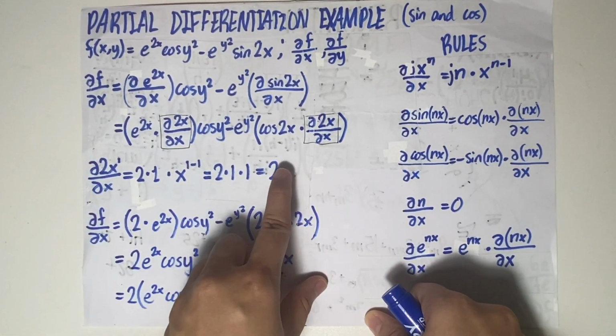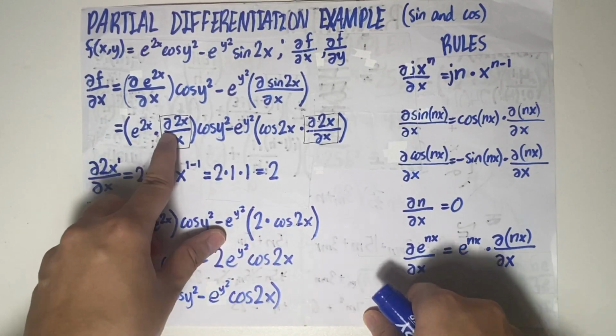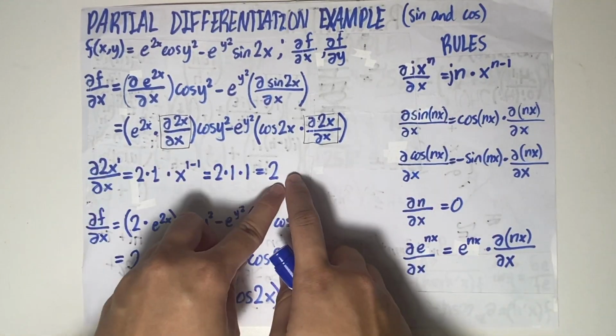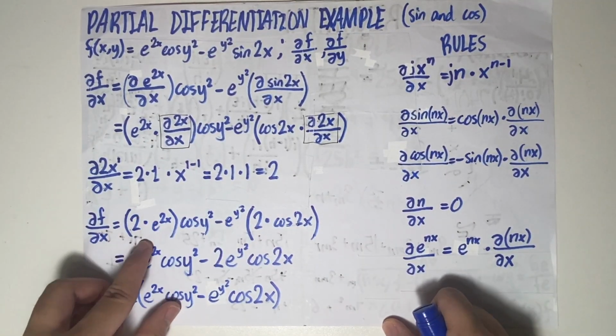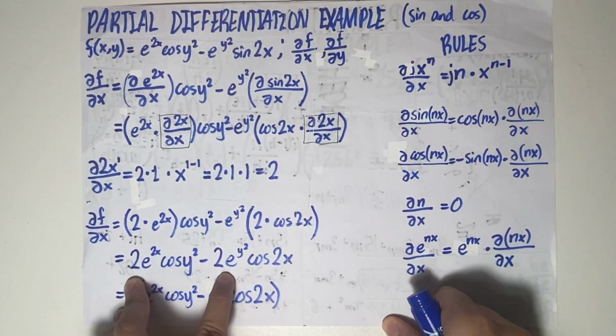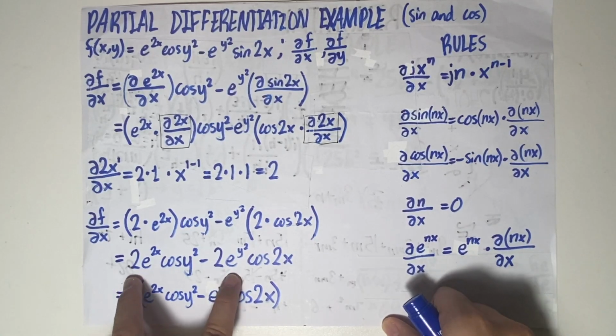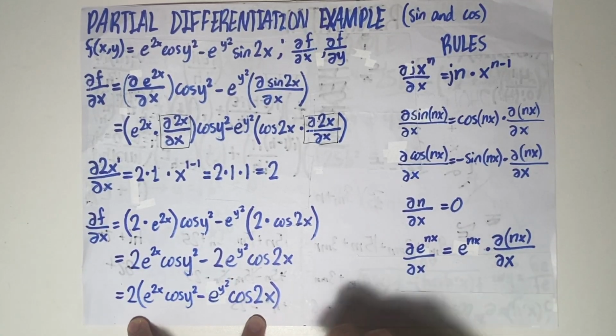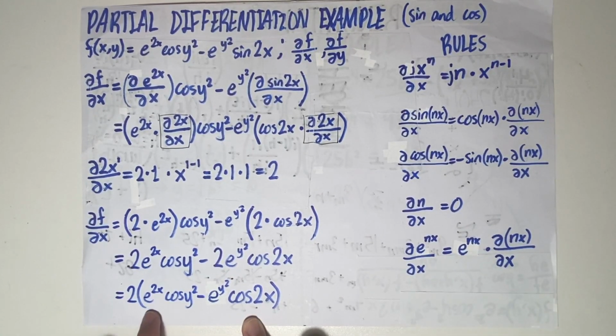We found that it is equal to 2, so we replace the derivative of 2x with 2. After this we rewrite the equation, realize that both terms are divisible by 2, and get our final answer with 2 factored out. And that is the differentiation of f in terms of x.